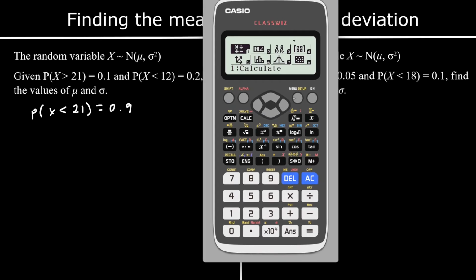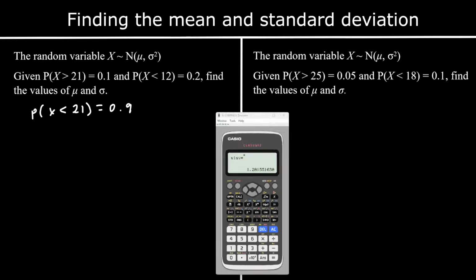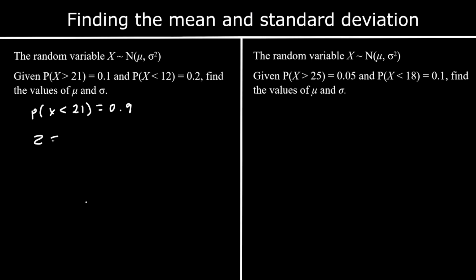So we're going to go to our inverse normal, and for our standard normal, to find our z, 0.9. So z is 1.28. I'm going to store that as a. So our formula is 1.28 equals x, which is 21, minus the mean divided by standard deviation.